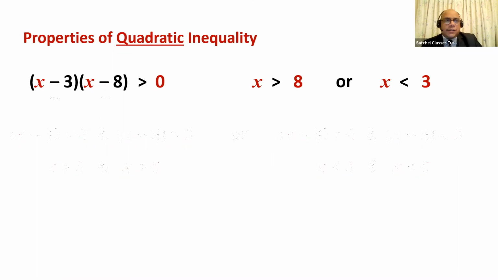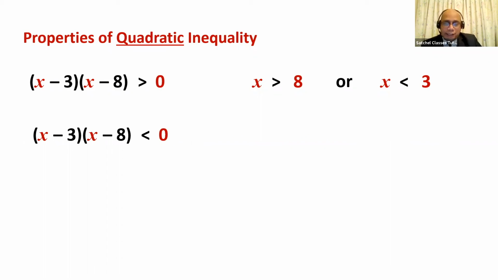What that means is the solutions for that particular inequality, (x minus 3) times (x minus 8) greater than 0, are x greater than 8 or x less than 3. Finally, what if it was the other way around, which means (x minus 3) times (x minus 8) is less than 0? When will the product of two numbers be negative?